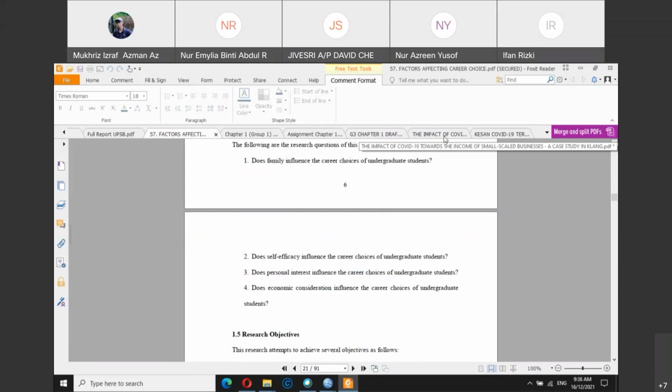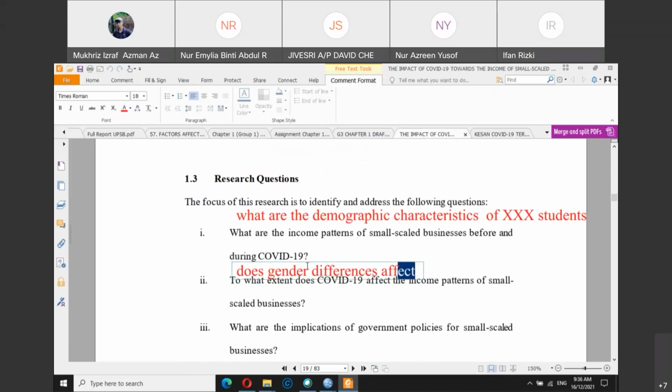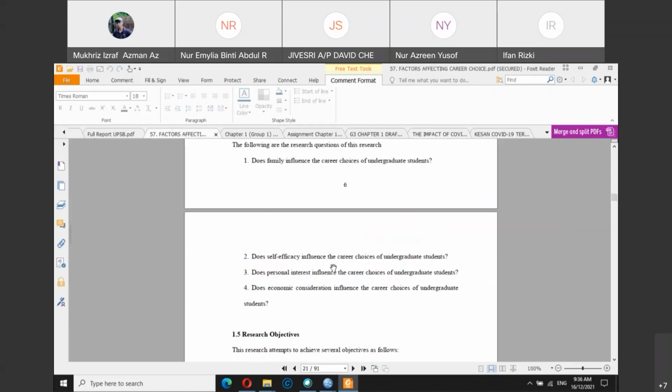Okay, gender differences. Yes, okay, wait, just okay, wait, no. How to make it simple but yet easy for all groups to follow here, because uh, mana self efficacy influence.